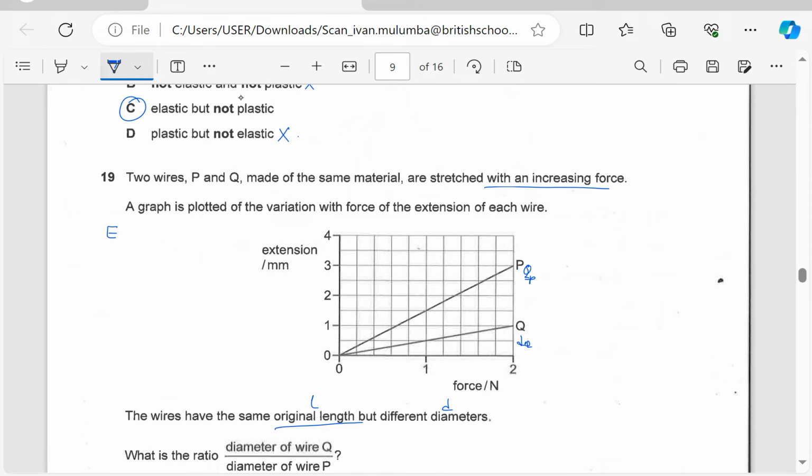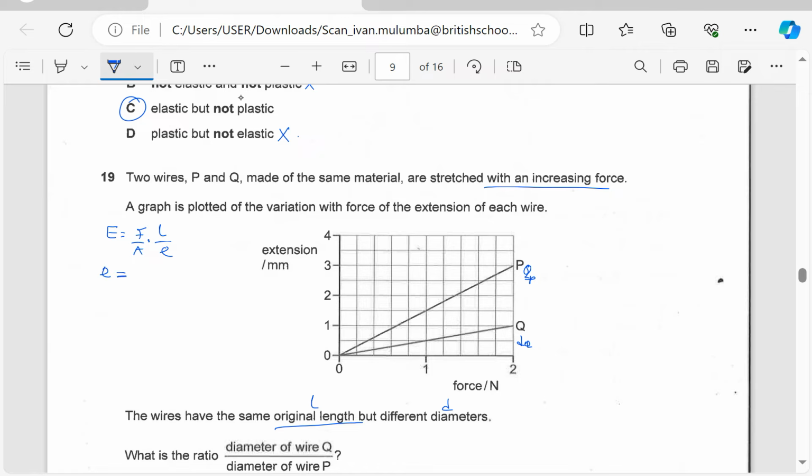We know that Young modulus equals the force over area times original length over extension, or force over area divided by extension over original length. Because it's a graph of extension against force, I'm going to make e the subject.